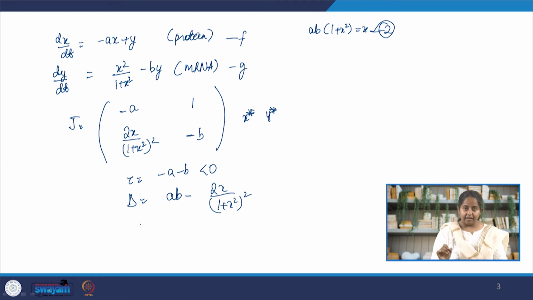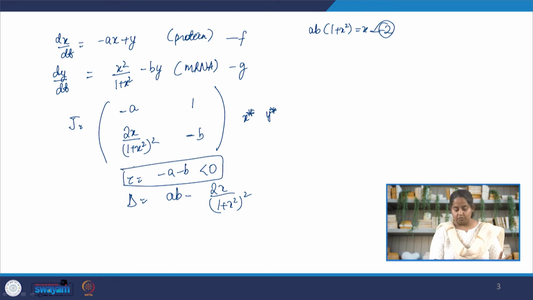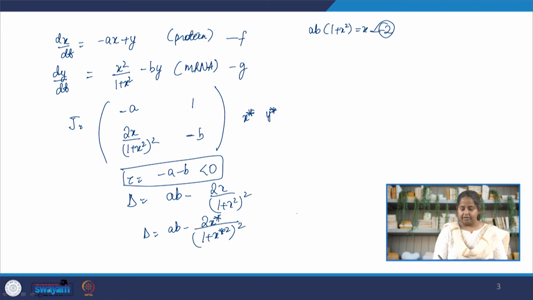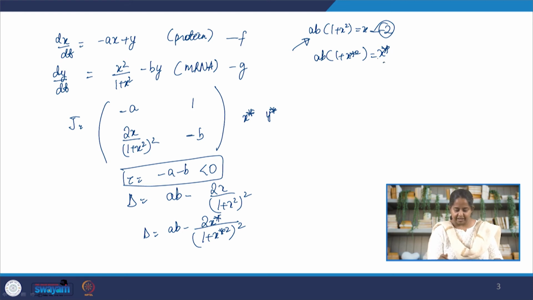So at our fixed point, tau remains unchanged because x and y do not show up in the equation for tau. The delta will be this: ab minus 2 x star over (1 plus x star square) whole square. Now remember, ab over (1 plus x star square) is equal to x star, so we can substitute the value here.